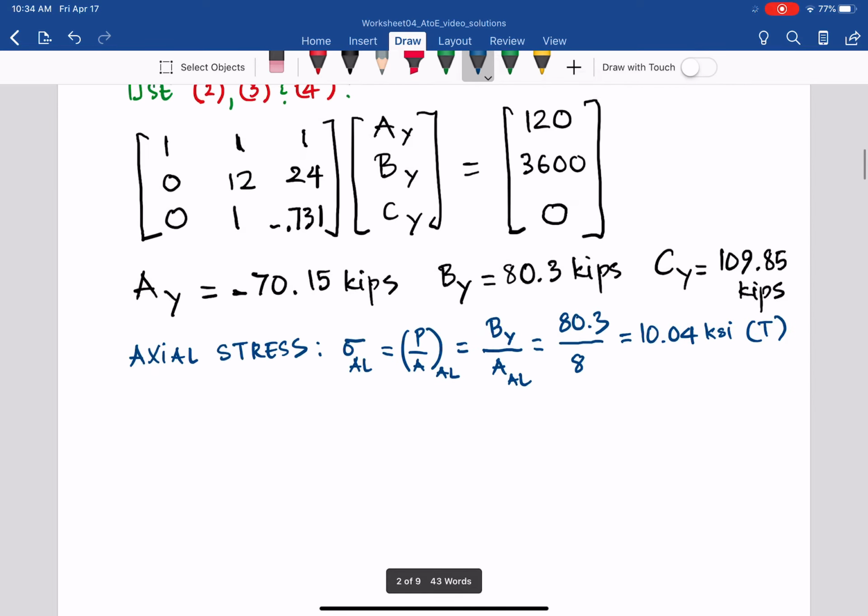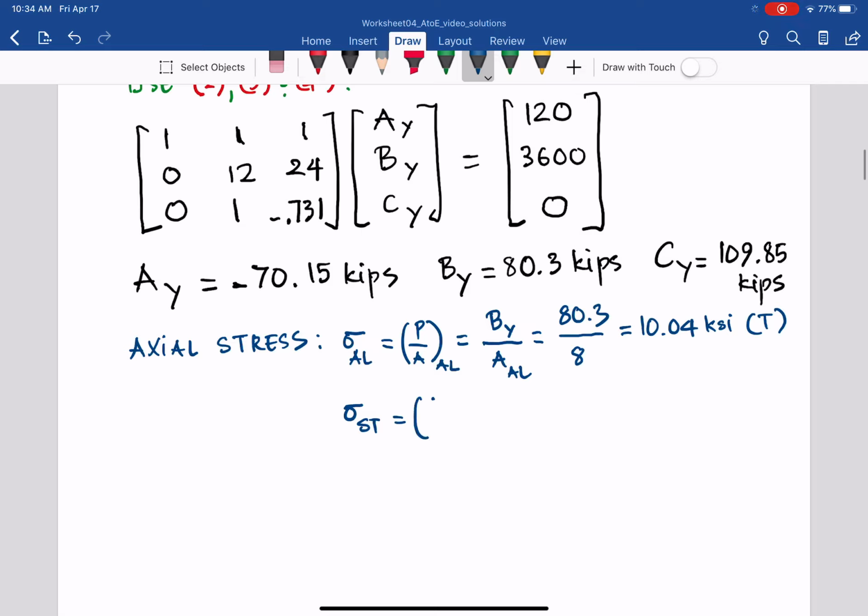Then the sigma of the steel rod also equals P over A. Don't just put the 120 here, right? It equals the load on that member. So it is CY over the area of the steel.